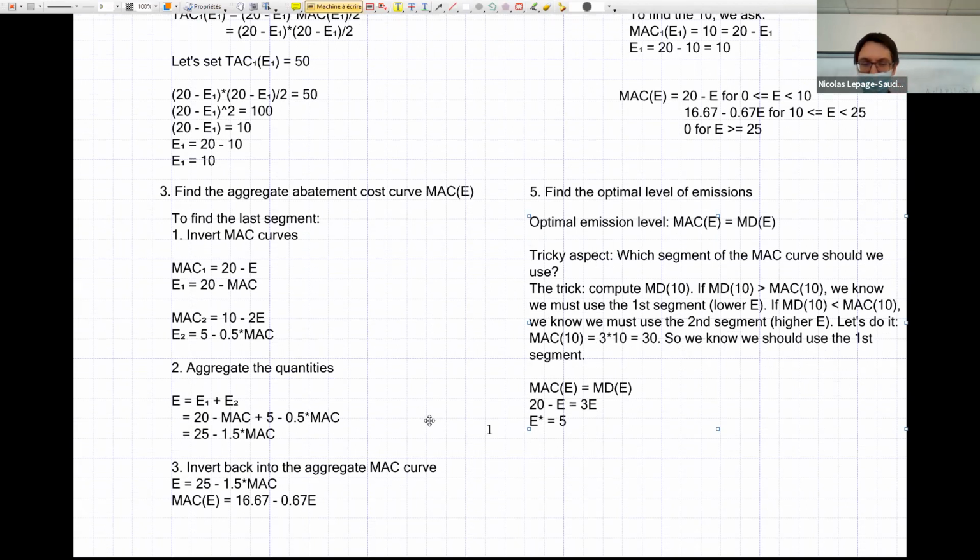All right. Last question. At this level, how much will each firm be emitting? And sadly, that's not 6. The answer is not 6.